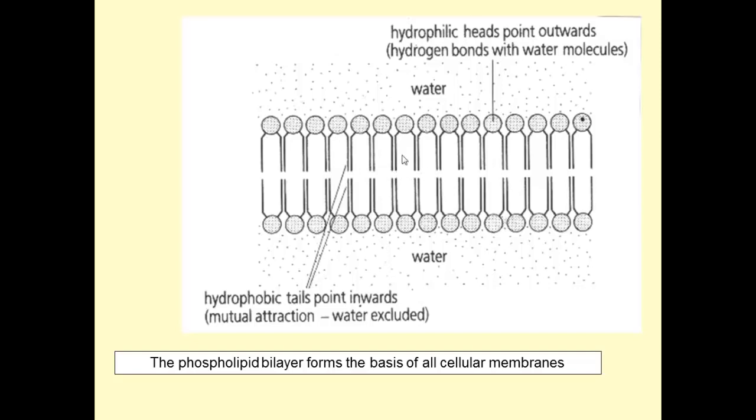They want to keep them out of the water, but the phosphate heads don't mind being in the water, and therefore they form what is called a bilayer, with the phosphate heads embedded into the water, and in here we have those fatty acid tails, and that is called the hydrophobic core. This gives us the basis of a cell membrane.